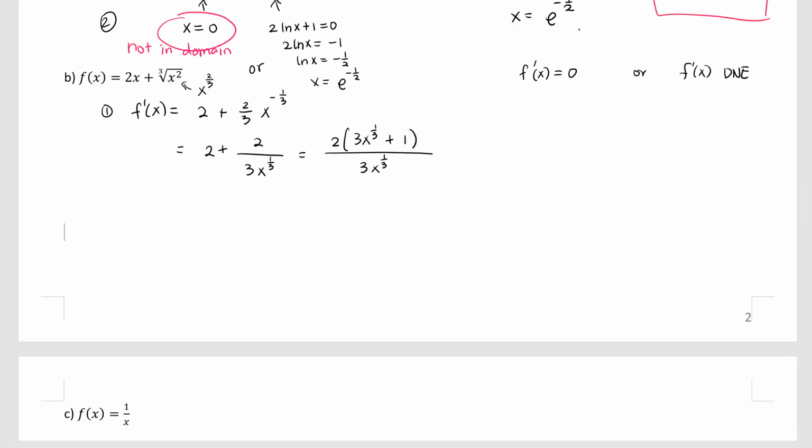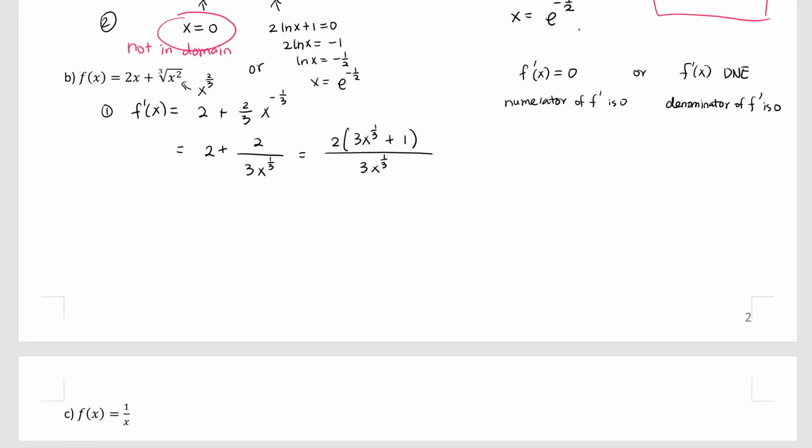Okay, all right, so f prime is 0 means the numerator of f prime is 0. f prime does not exist means the denominator of f prime is 0.